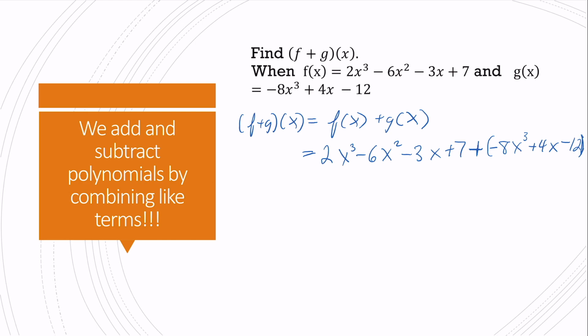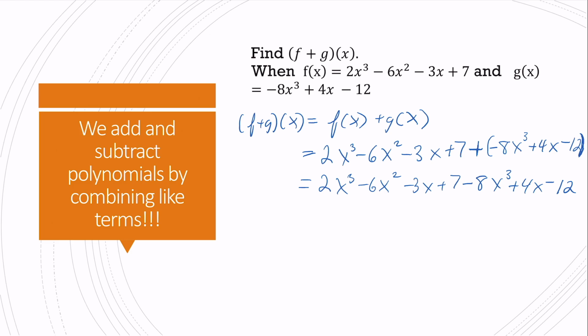Since I'm adding this together, I can drop these parentheses by rewriting this as 2x cubed minus 6x squared minus 3x plus 7 minus 8x cubed plus 4x minus 12. Now I can combine like terms.